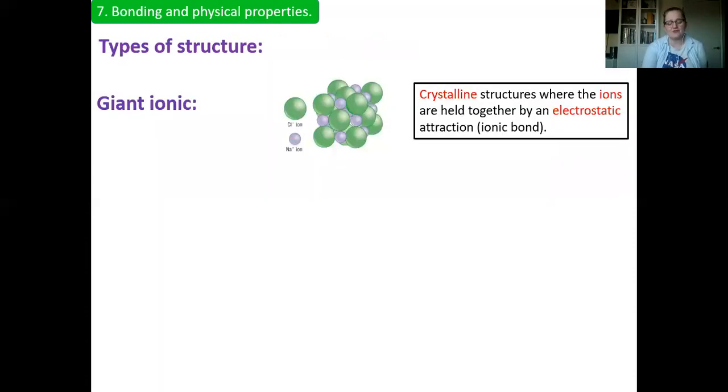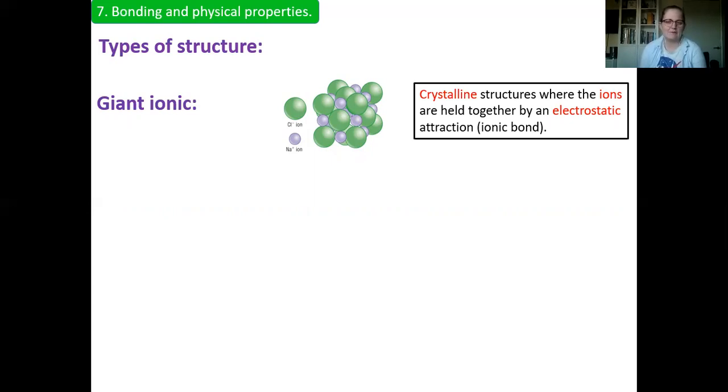So we have our types of structures. So we can have giant ionic structures. Giant ionic structures are classed as giant crystals or ionic crystals. So they are crystalline structures where the ions are held together by an electrostatic attraction. They have strong electrostatic attractions between the ions.